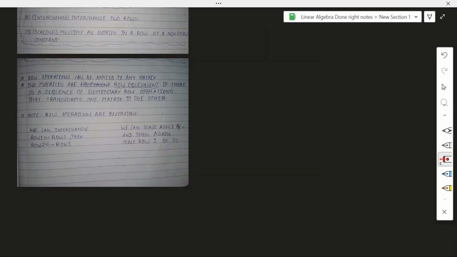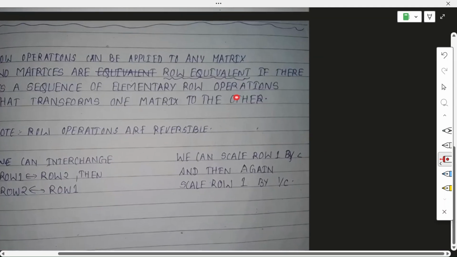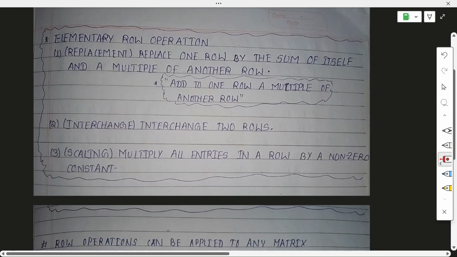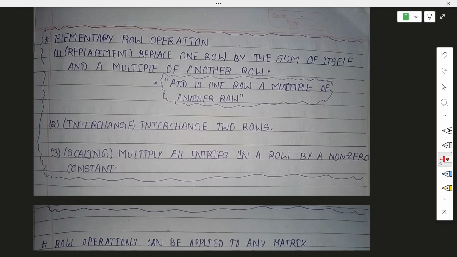Now we have the solution. We will talk about elementary row operations for solving a linear system with matrices. First, replace one row by the sum of itself and a multiple of another row. Basically, we add to one row a multiple of another row. We can multiply one row by minus 5 and then add it to get 0 0.